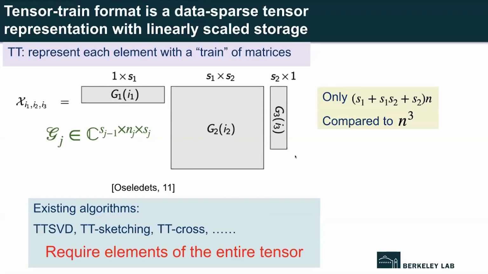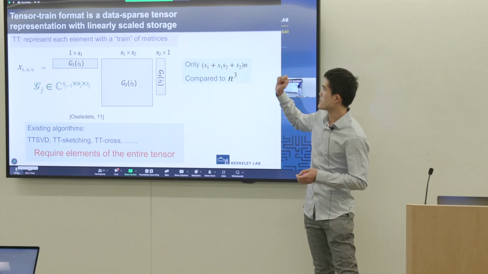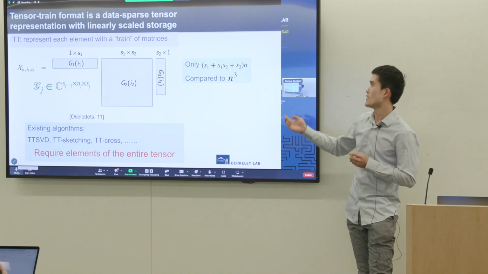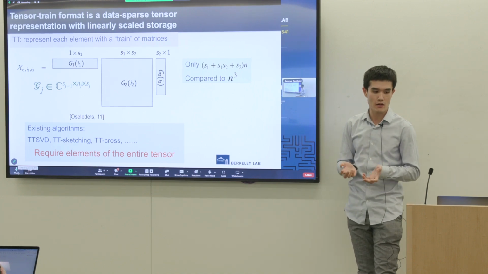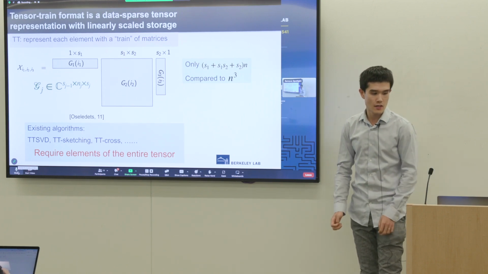So the storage of the tensor is linear with respect to the S that we find, which we call the tensor train size or tensor train core size, and also linear in the mode size n. Basically this means linear in dimension and linear in mode size, which is significantly better than n to the 3rd power if we find S1, S2 to be small.